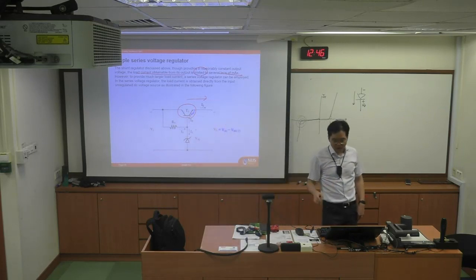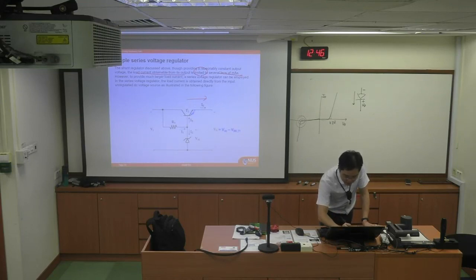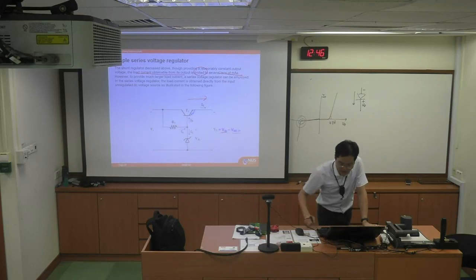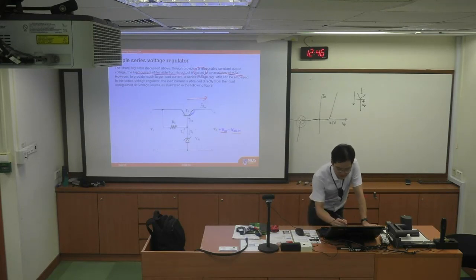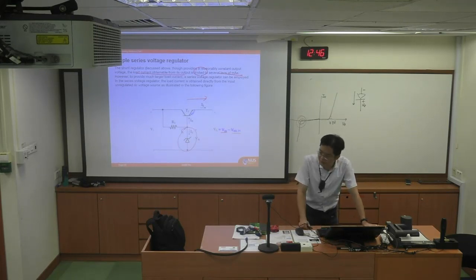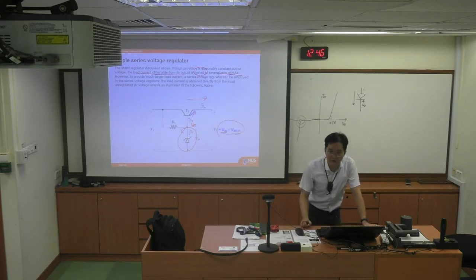Okay, so in this case, let's take a look at it. You will see that the base voltage minus the VBE will be the output load voltage. In other words, VDZ minus VBE of T1 will be the load voltage. The VDZ is the reverse bias voltage of the Zener diode. You can see that, and VDZ minus the VBE will be the load, as you can see from the schematic.